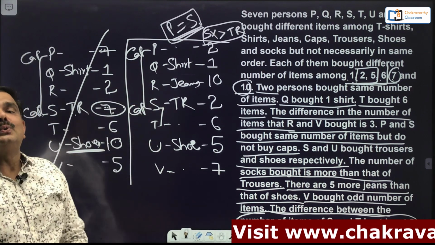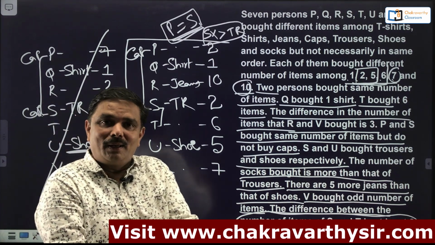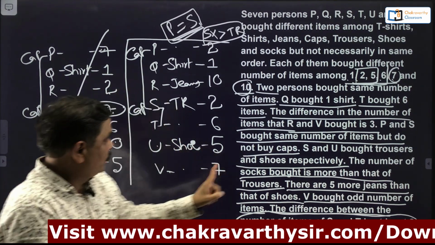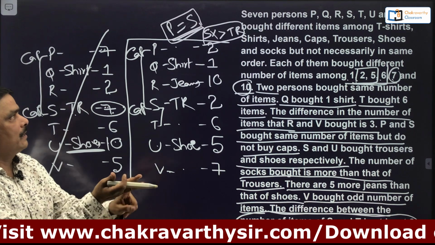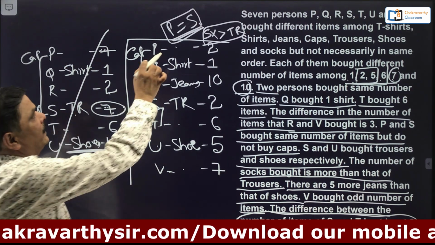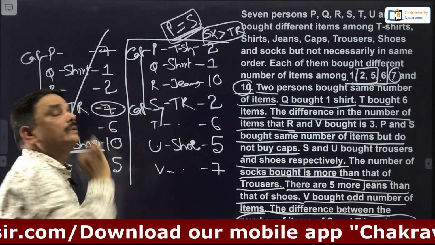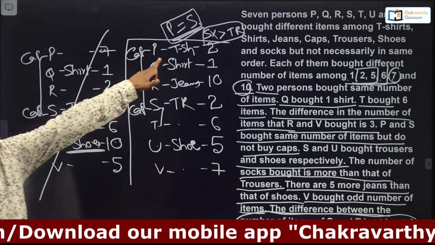Trouser and shoes. What's the remaining one? Elimination process. Socks not possible. Then what is not possible here? Socks and cap is not possible. Socks, cap, shirt, jeans, trouser and shoes. Only one thing is left out, that is t-shirt. T-shirt should be here.